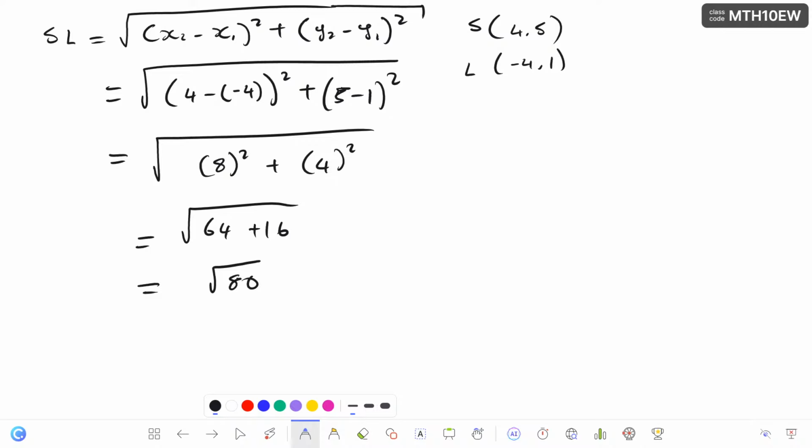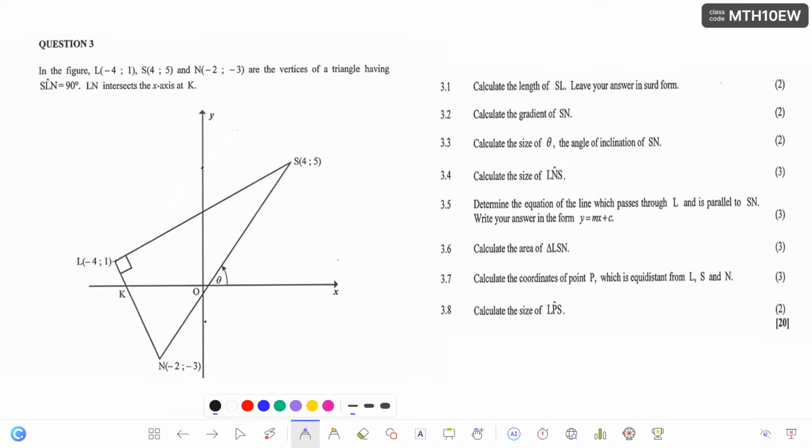The square root of 80 is 4 root 5 units. So our length is 4 root 5.